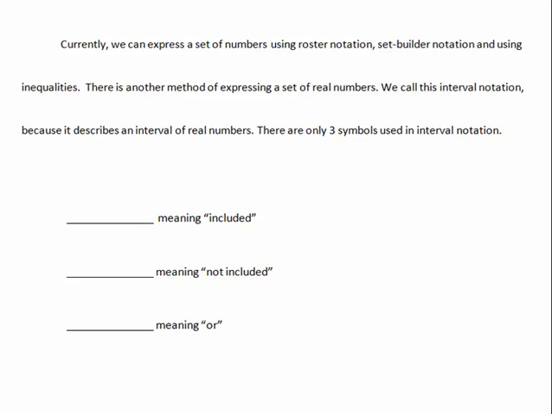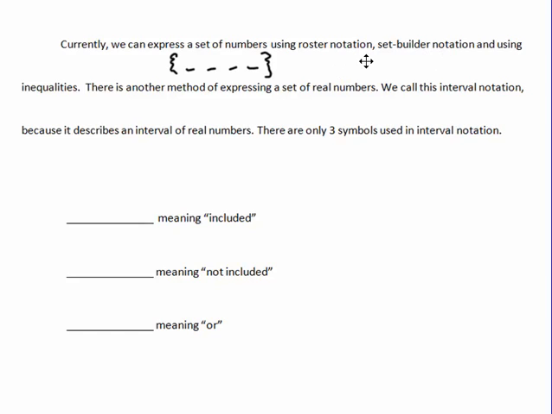Roster notation is where we simply write out the numbers and list them. That's good for integers, whole numbers, and natural numbers, or if we had just a few specific numbers that we wanted to use, we could use roster notation. Again, we're just listing them.